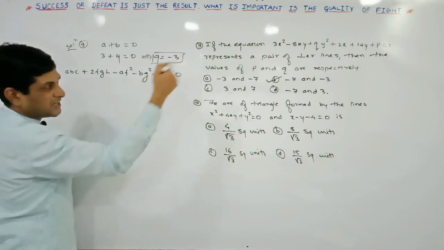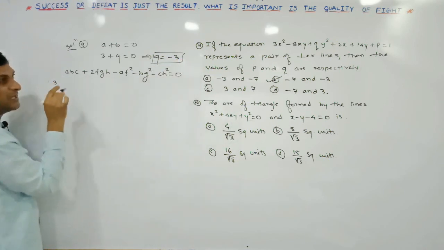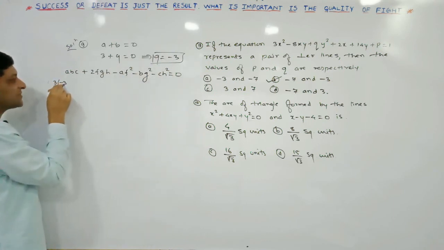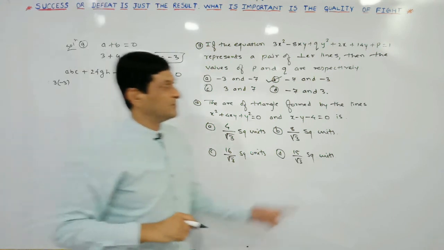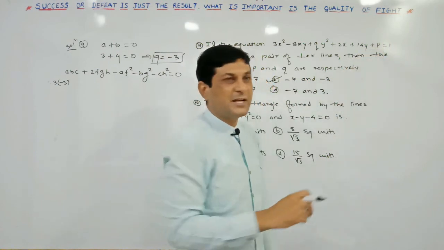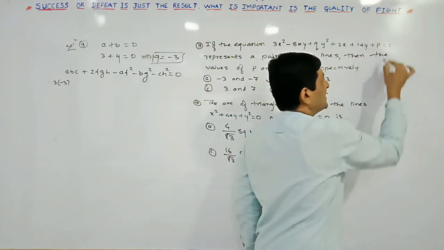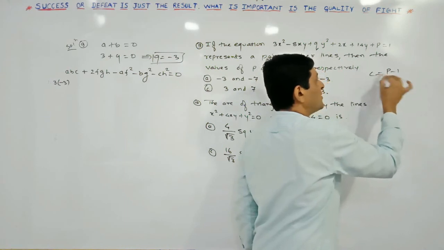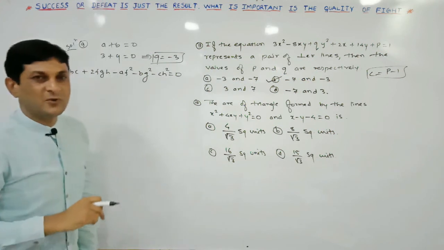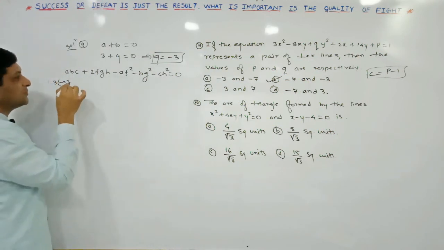From this equation we can observe that a will be equal to 3. What is the value of b? b is q, but q means what? -3. c is equal to, observe the constant term, this side is not 0, so plus p plus 1 on this side will become -1, which means p -1 is the value of c here. The constant term is nothing but the value of c. So c is equal to p -1.